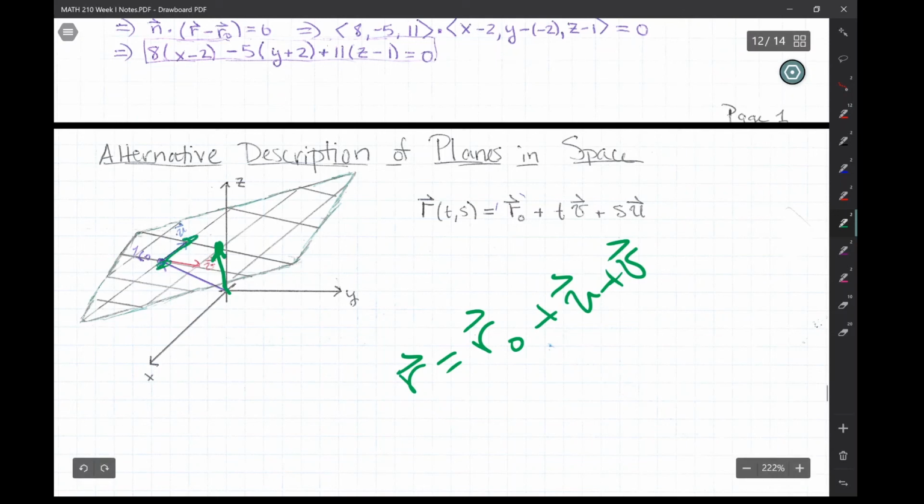And then I move U, but I'm not done. I want to move down to this point here, so I'll also add V. And in fact, any point whatsoever along that plane, you could describe as some multiple of V and U. So you would have this type of relation.